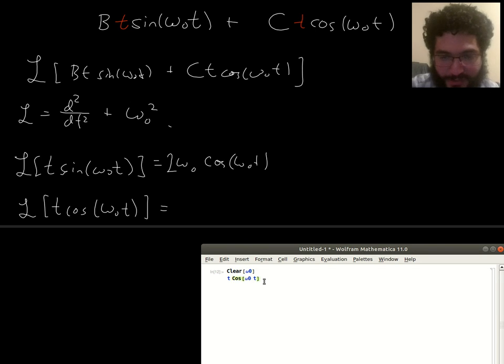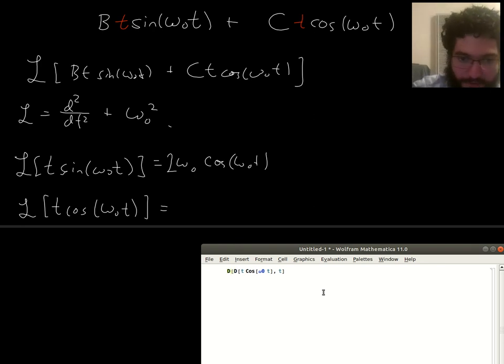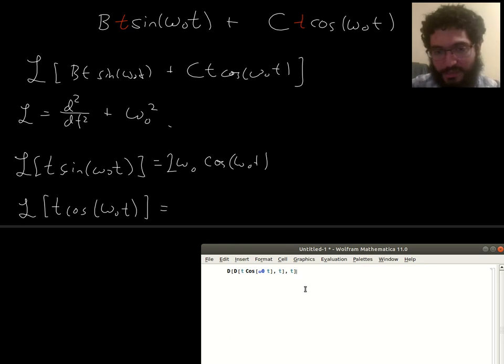Okay, there. Now it's blue again. So t cosine omega naught t. Then I want to take its derivative twice. This is probably not the most efficient way, but this is the syntax that I know right now. If I do D, comma t, then that's the derivative of that with respect to t, and then I want to do that with respect to t again. I think there's a better syntax for that, but whatever.